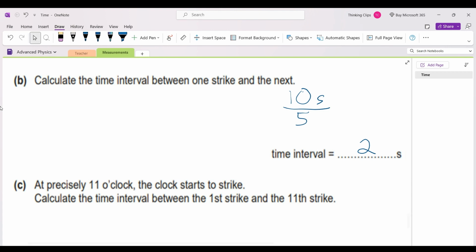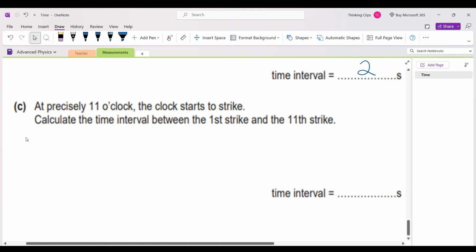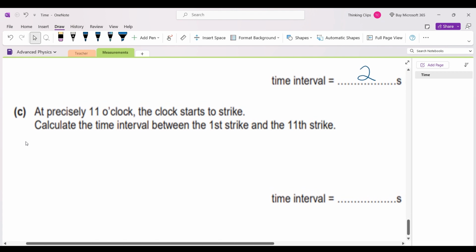The last part of the question, C, says at precisely 11 o'clock, the clock starts to strike. Calculate the time interval between the first strike and the 11th strike. So we're assuming the clock works at the same rate. So using the same analogy before, I won't do 11 dongs. There'll be 10 time intervals between the first strike and the 11th strike.